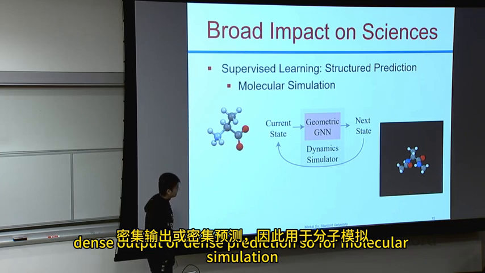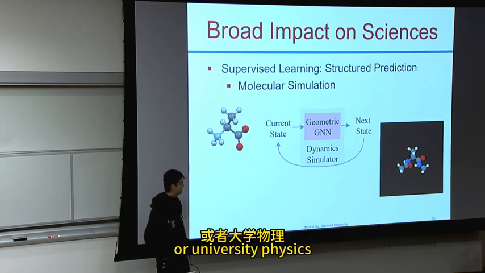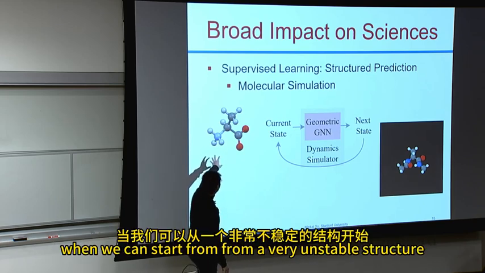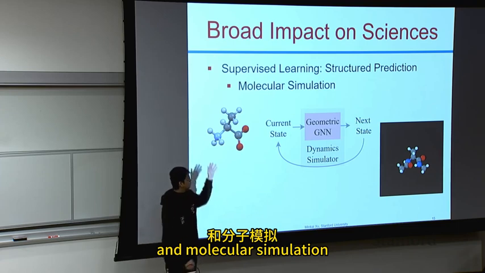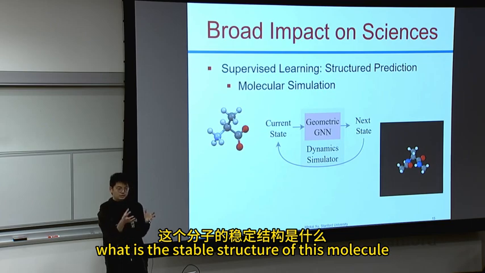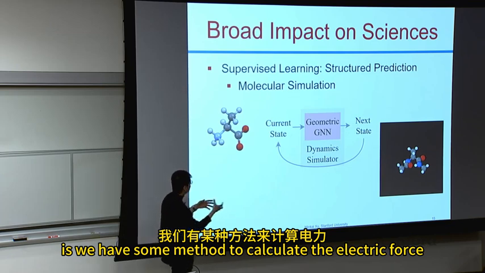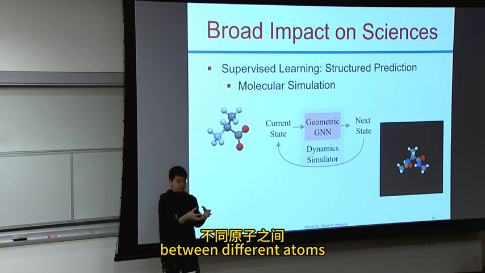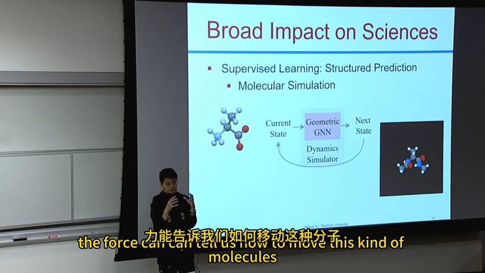For molecular simulation, I think it should be covered in high school or university physics. We can start from a very unstable structure, and molecular simulation means we really want to know the stable structure of this molecule. What we do is we have some method to calculate the electric force between different atoms. When we have this force, the force can tell us how to move these molecules.